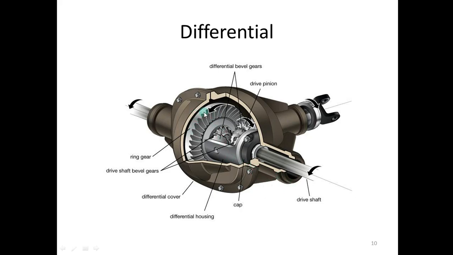So this is the brown large gear, and these are the small blue gears. By these small gears the differential action happens.